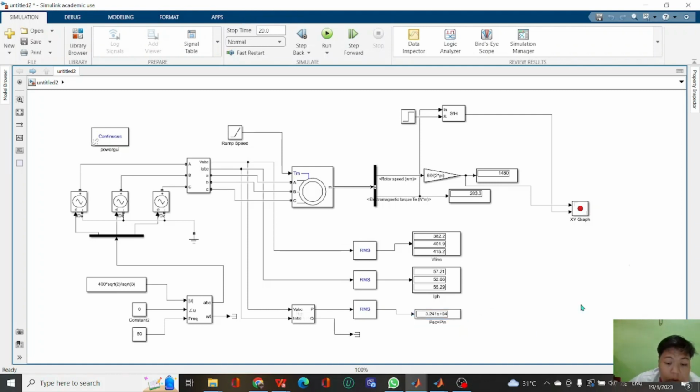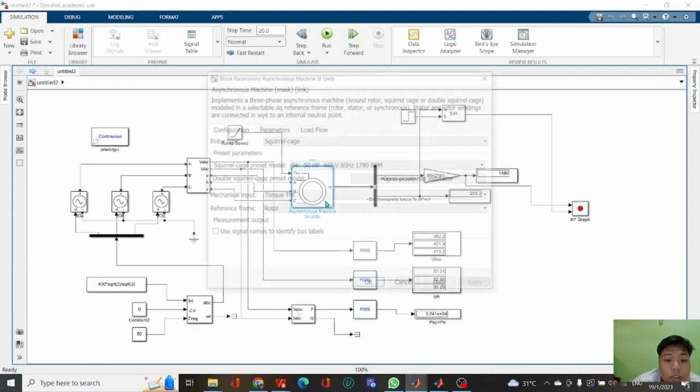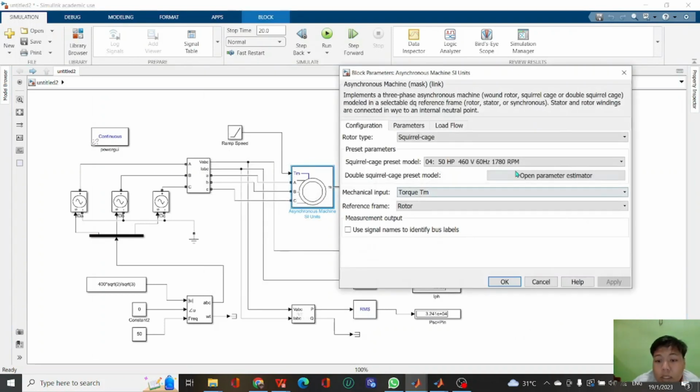Continue with the test 4. Okay, first of all we must make sure this block parameter set the 0.4 with the horsepower 460 volt 60 hertz and 1780 RPM because we are from group 4. Okay, and then mechanical input we must set to speed.